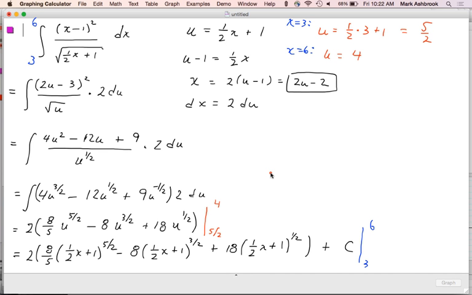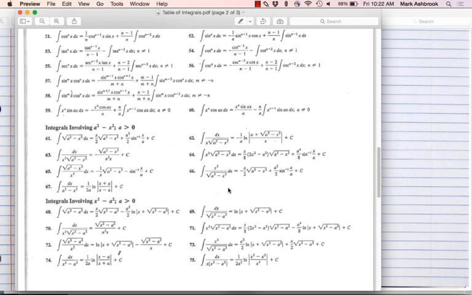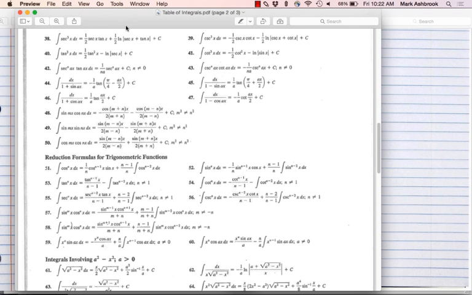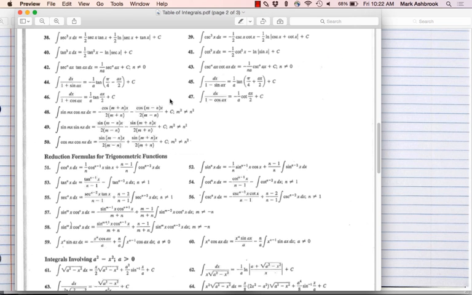Okay, and so one place where this u substitution comes in very handy. Can I erase what's up there? There is a table of integrals, common forms.